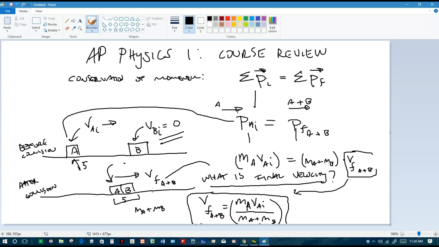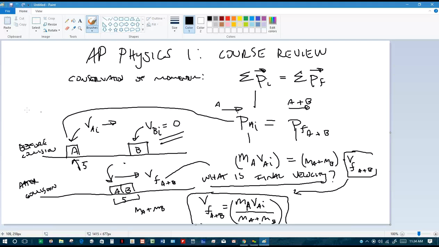And so since when they stick together their mass is going up, then they can't possibly achieve the same momentum as block A originally had, 5 units. If mass is going up, the velocity must go down. They must be slowing. There must be some slowing effect that occurs during the collision, and we know that. Block A running into block B should cause block A to slow down.